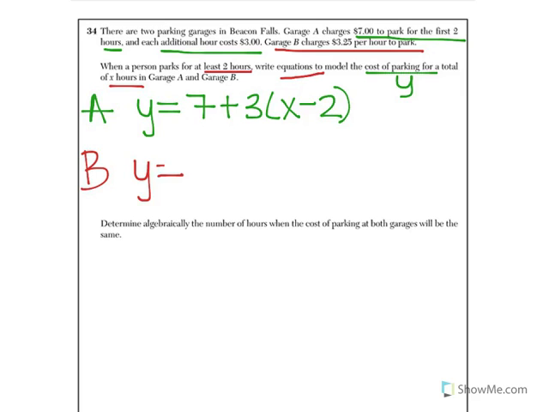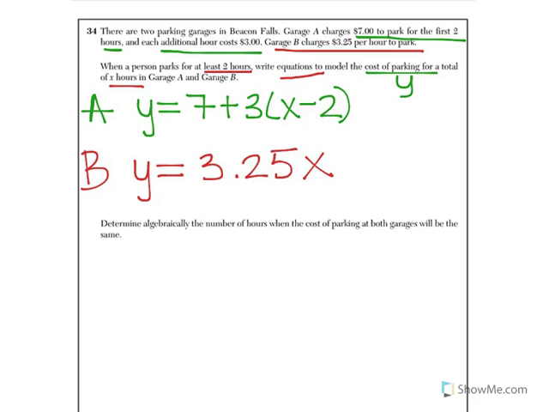And B is a lot more straightforward because that's just $3.25 per hour to park. So that's going to be y equals 3.25 times x for Garage B.